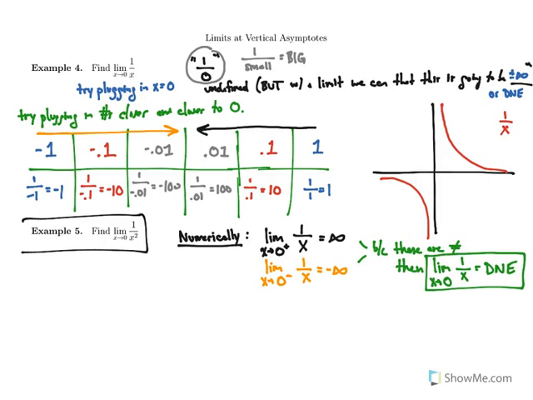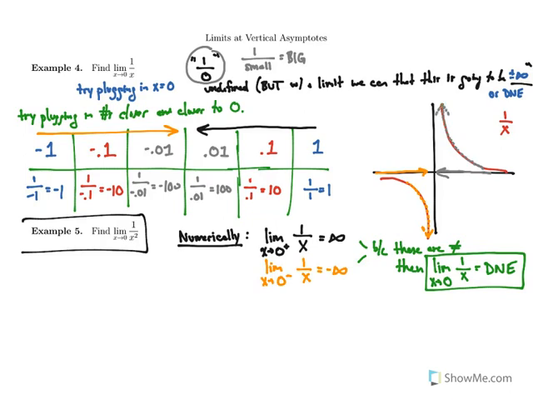We could have also done that graphically. So graphically, we could have looked at from the left, and we trace the function here on the graph. We're going down to negative infinity. And on the right, as we trace the graph, we are going up to positive infinity.